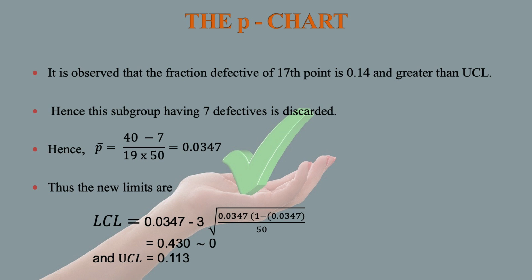And as we have already discussed, if you get the lower control limit as minus of something, you have to take LCL as 0. You can calculate the upper control limit as equal to 0.0347 plus 3 under root 0.0347 multiplied by 1 minus 0.0347 divided by 50, which is equal to 0.113.